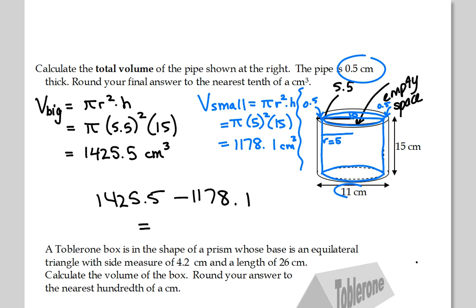And when I do this, I actually go into my calculator and I take extra decimals for accuracy. So I look in my history and I take all the extra decimals, and it ends up being pretty much 247.4 centimeters cubed. Okay. This would be volume total. It's the large cylinder minus the blue cylinder.